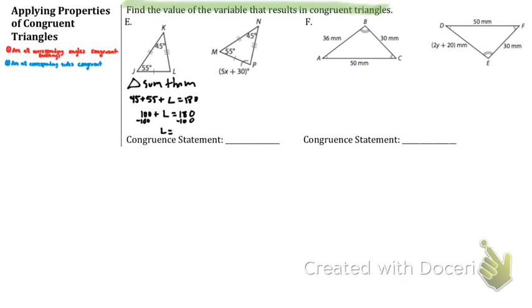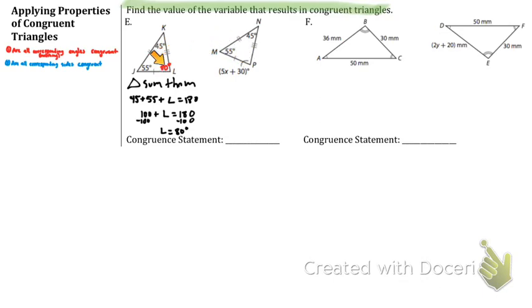And we get the measurement of L is 80 degrees because it's an angle. So now I know that angle L is 80 degrees.